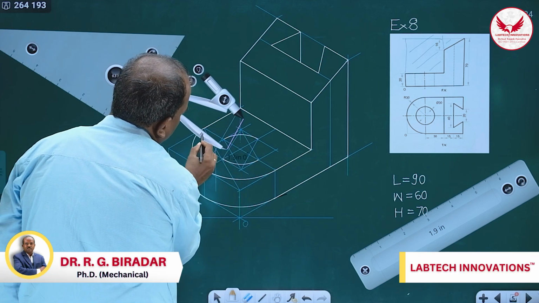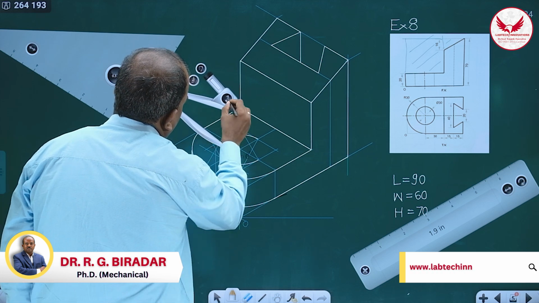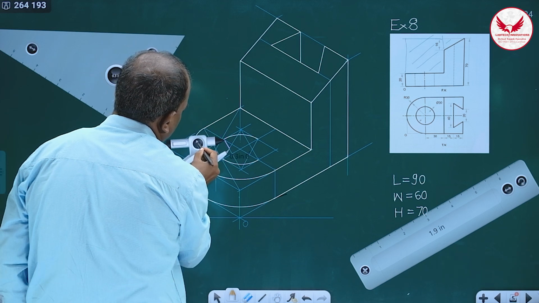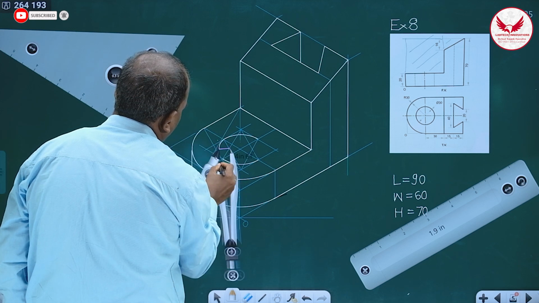And now shift the center to this third position, the third center, and its radius will be a reduced one. With such a small radius it is difficult to draw.